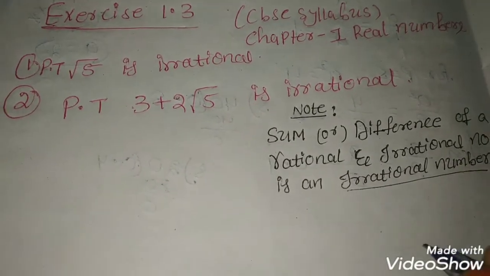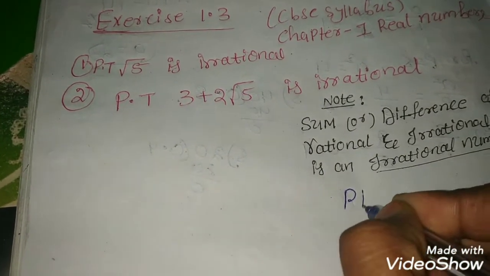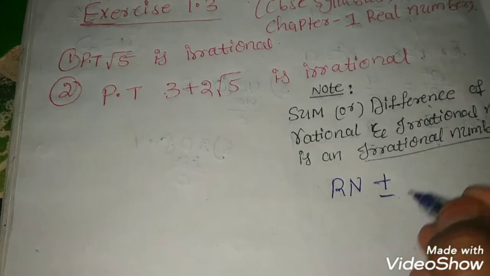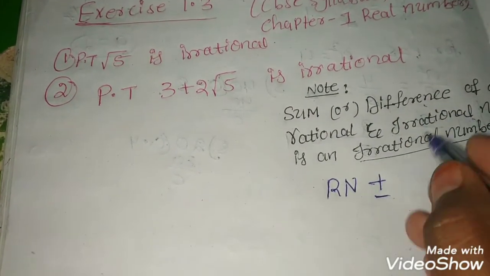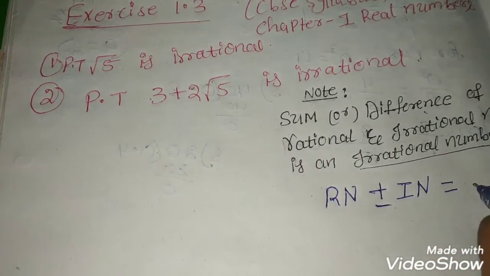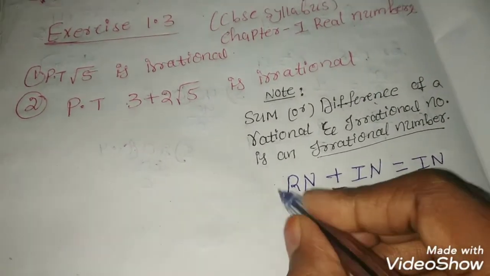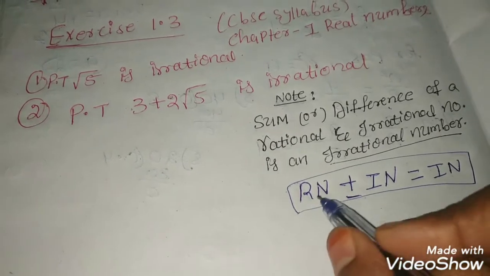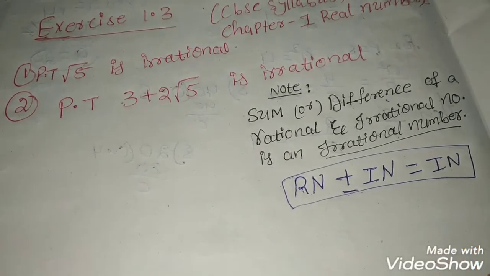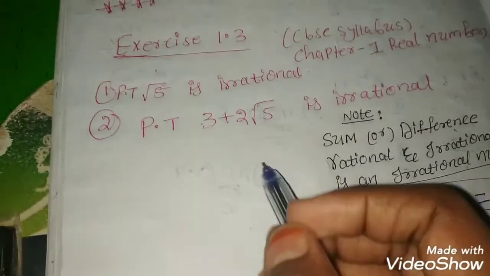What he is saying means the result must be an irrational number itself. How can we say this? So let's take a proof for this question.